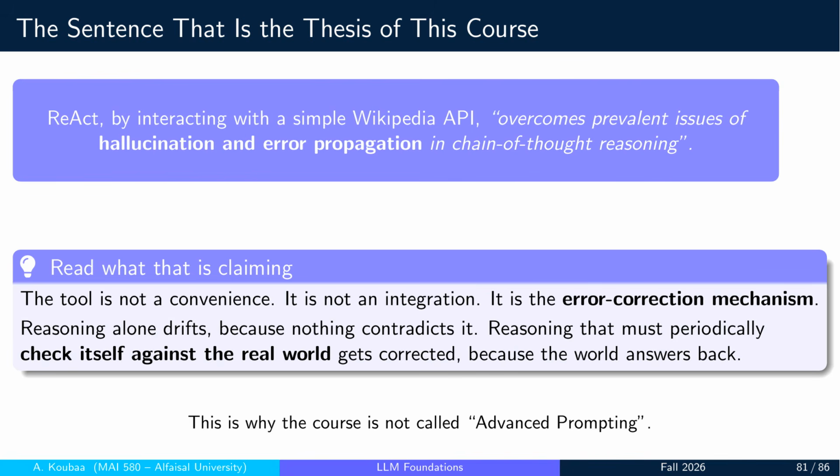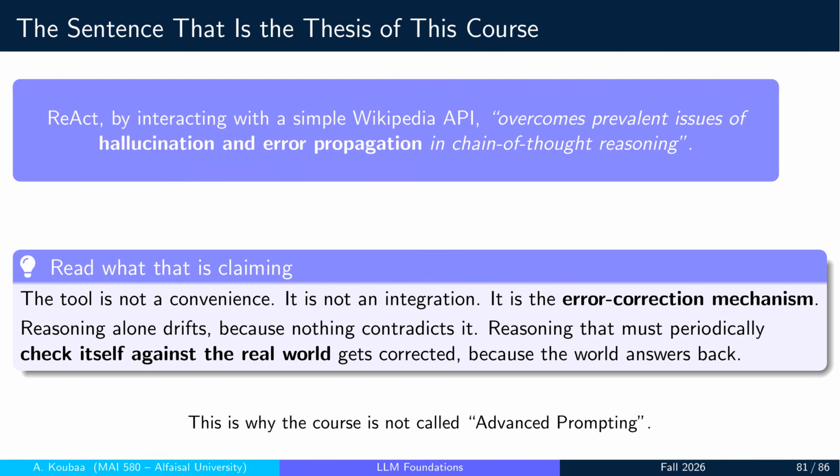This is the sentence that is the thesis of the course, so let us read it slowly. ReAct, by interacting with a simple Wikipedia API, overcomes prevalent issues of hallucination and error propagation in chain-of-thought reasoning. Now, read what that is actually claiming, because it is stronger than it first appears. The tool is not a convenience. It is not an integration.